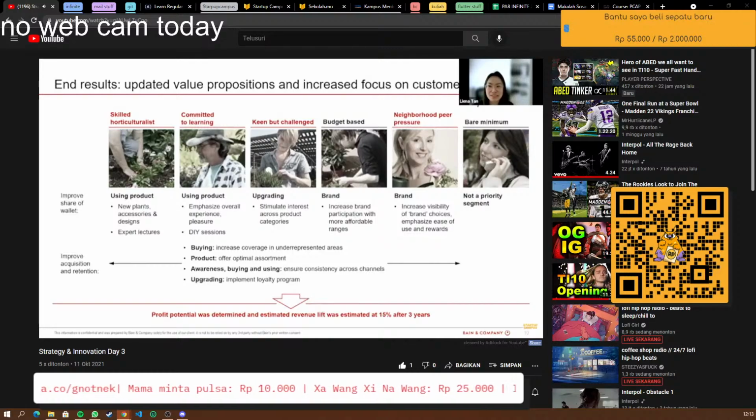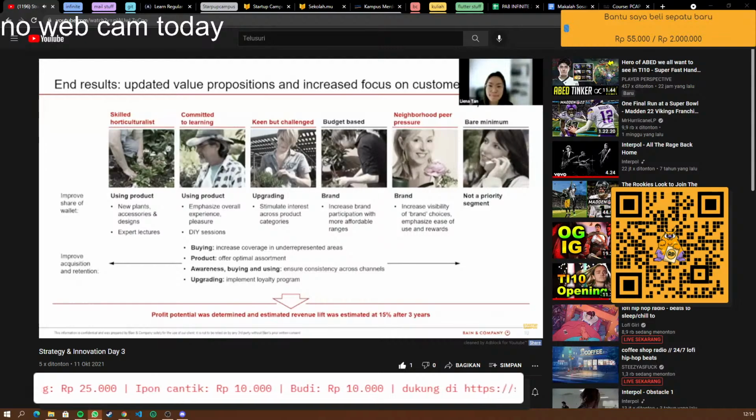Mungkin saya pause di sini. Ada pertanyaan dari teman-teman? Silakan teman-teman. Jelas nggak ini customer segmentation? It's a very important concept ya.